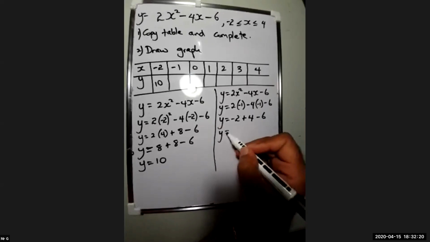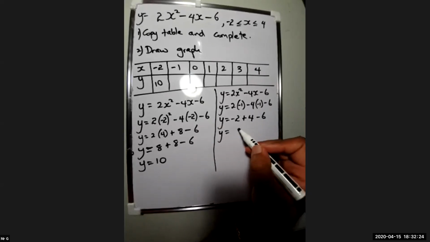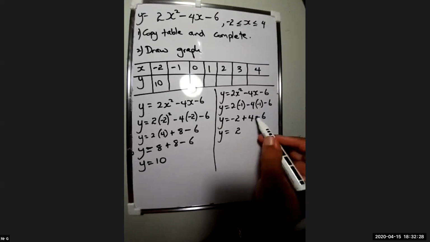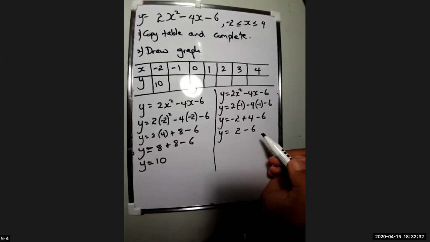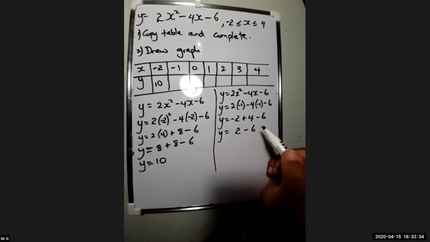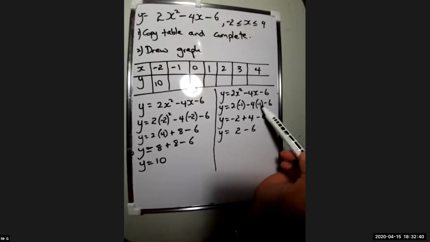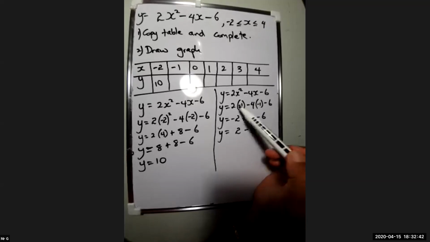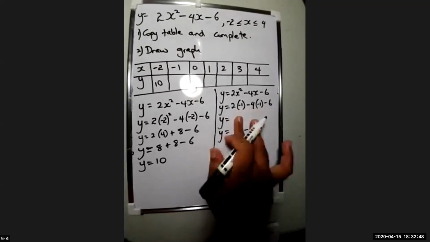So y is equal to negative 2 plus 4. When the signs are different, you find the difference, which is 2. You keep the sign of the greater number, so it's positive. You don't need to put a positive sign here. And you bring down the minus 6. So what else on their own? Just now, negative minus 6. 2 by negative 1, negative 1. Oh, right. Okay. This is where I went wrong.